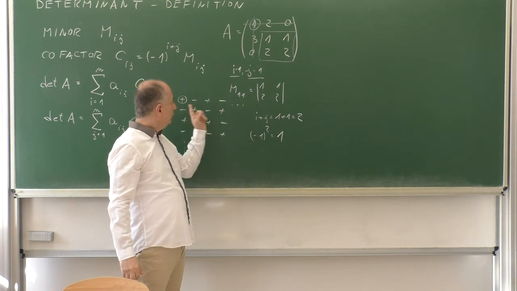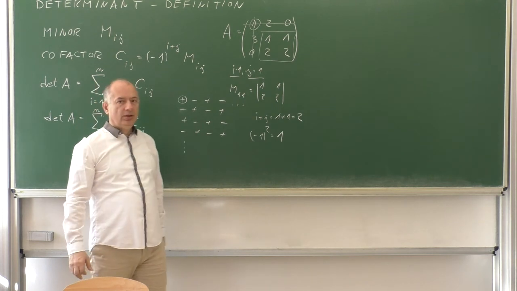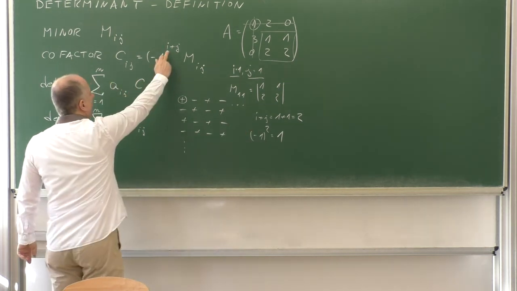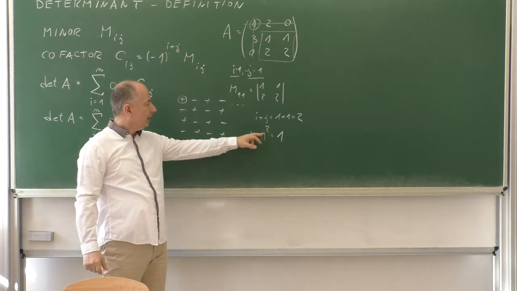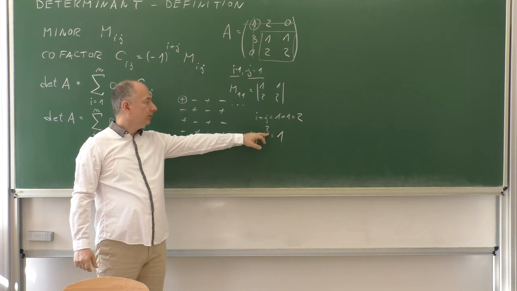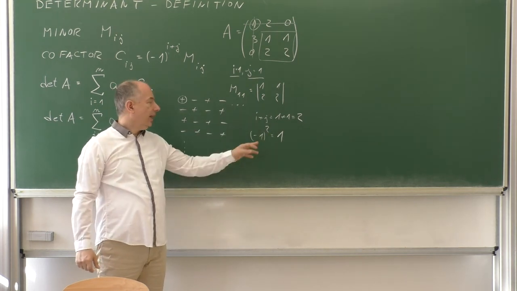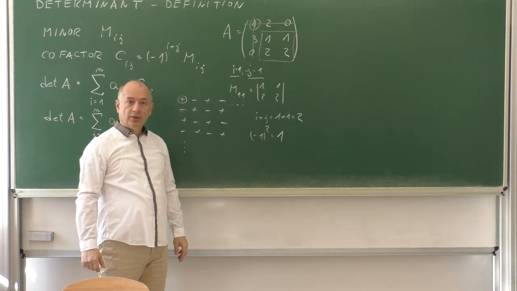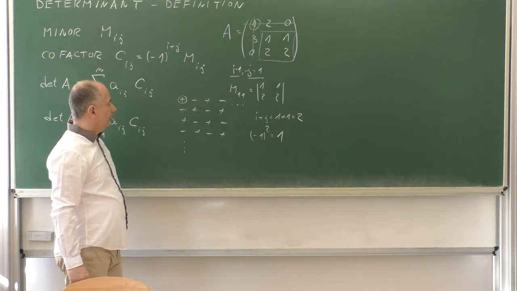And if you move one position to the right, or one position down, then this exponent, i plus j, changes by 1. And if the exponent changes by 1, then from an even exponent you get an odd one. And minus 1 to an odd integer is minus 1. That's why we have minus and minus here.